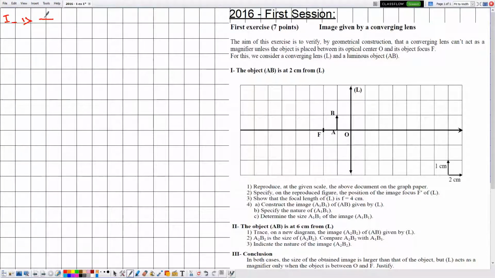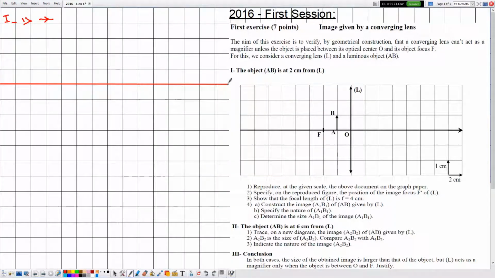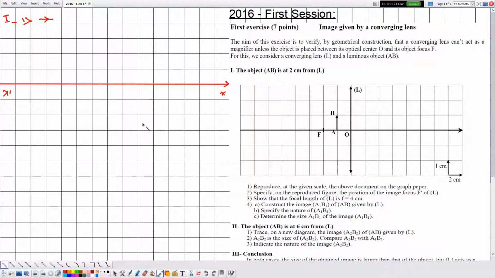And whenever we need to reproduce, we always start by drawing the optical axis at the center, having the same direction of propagation of light. Then we place the lens L perpendicular to the optical axis at the center, and we use the correct symbol of a converging lens.